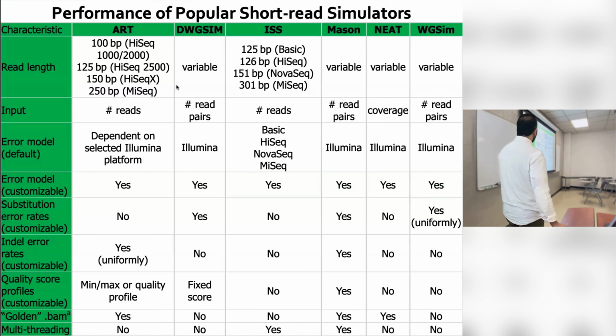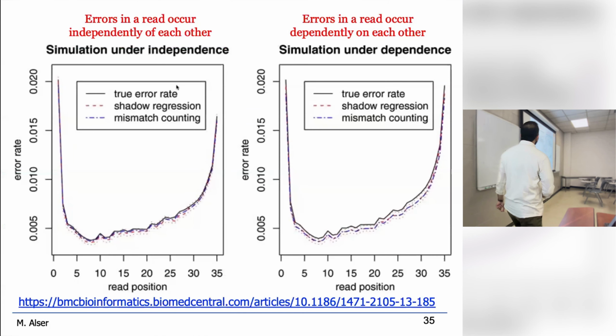Other than that, I would say there are some differences, especially with the error model. For example, can you customize the indel rate? Indel is short for insertion and deletion. So the error we were talking about is normally substitution, okay?